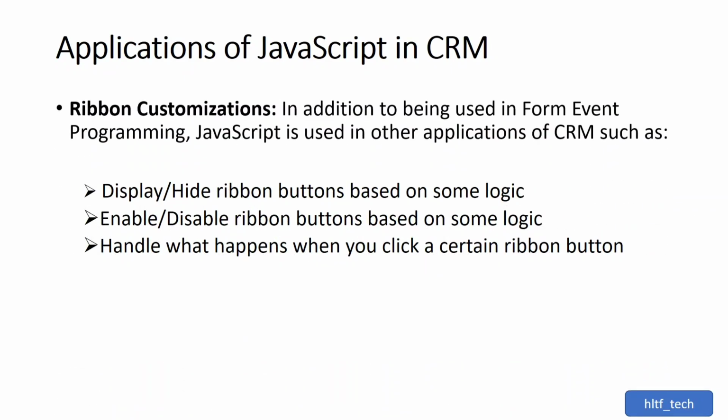Now, the application of JavaScript in CRM: you may use JavaScript for ribbon customizations. For example, you can use it to display or hide ribbon buttons based on some logic, enable or disable ribbon buttons based on some logic, and handle what happens when you click a certain ribbon button.